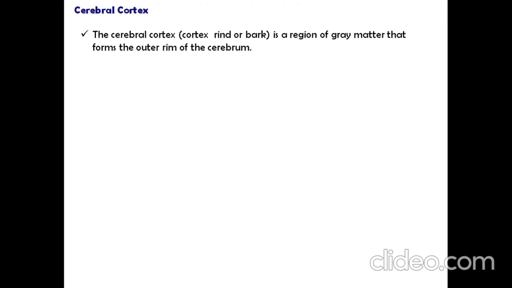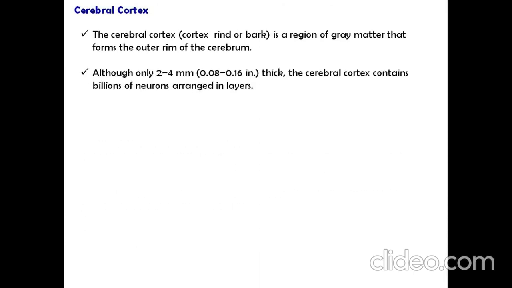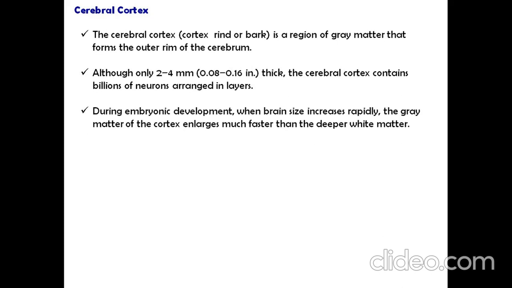Now next is the cerebral cortex. The cerebral cortex is a region of grey matter that forms the outer rim of the cerebrum. Although only 2 to 4 mm thick, the cerebral cortex contains billions of neurons arranged in layers.